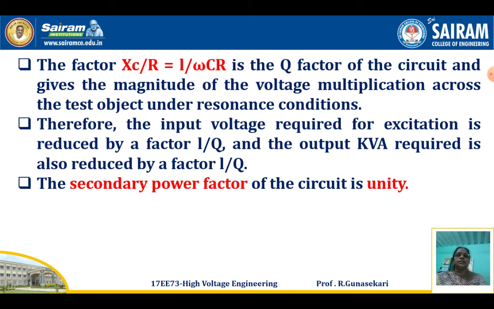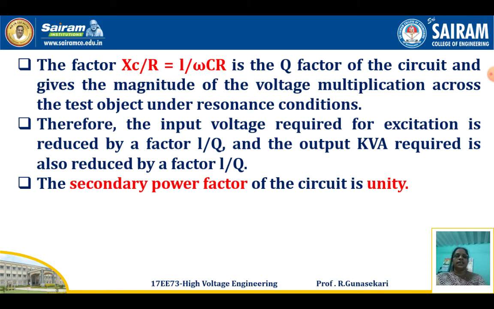The factor Xc by R is equal to 1 by omega CR, because Xc equals 1 by omega C. Q is the factor of the circuit which gives the magnitude of the voltage multiplication across the test object under the resonant condition.